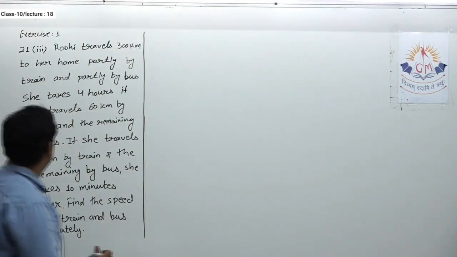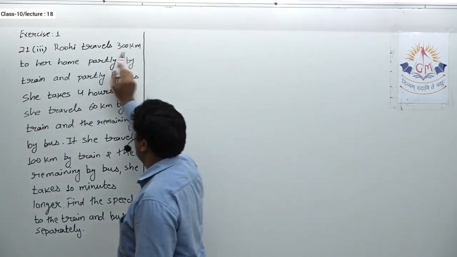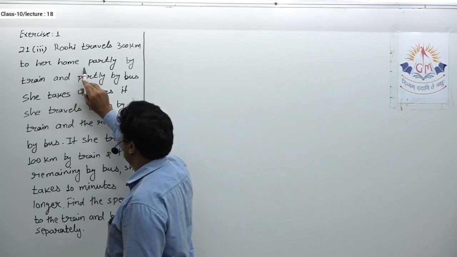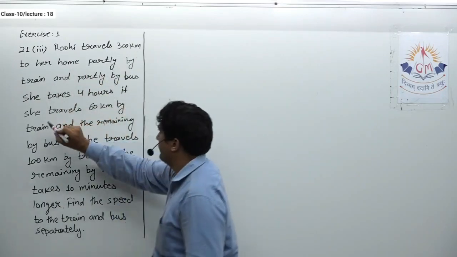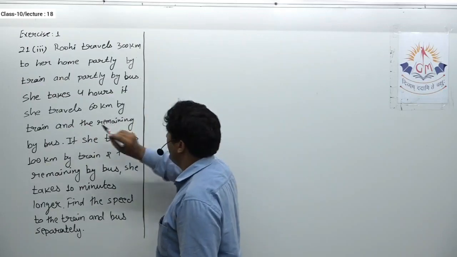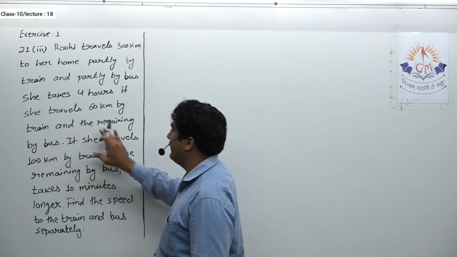Okay, so now this is the next question that we have to solve. Ruhi travels 300 kilometers to her home partly by train and partly by bus. She takes 4 hours if she travels 60 kilometers by train and the remaining by bus.